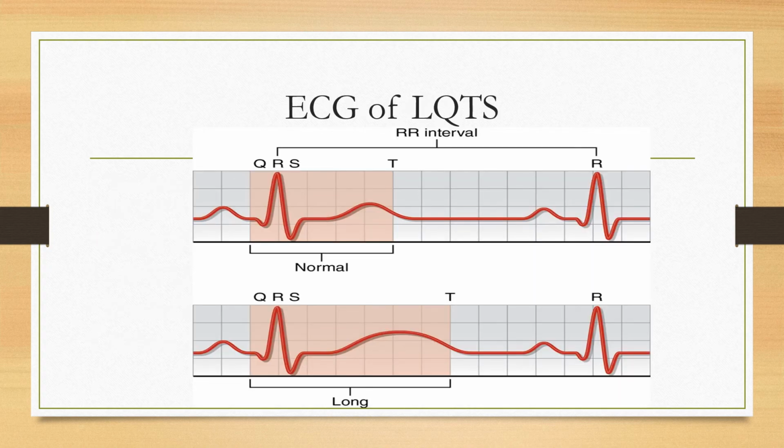is, okay, so the top one is how long it should take for that ventricle to repolarize. So on the bottom one, that ventricle is trying to repolarize, but it's taking a long time. But here, once we get to here, part of the ventricles are already ready to fire again.